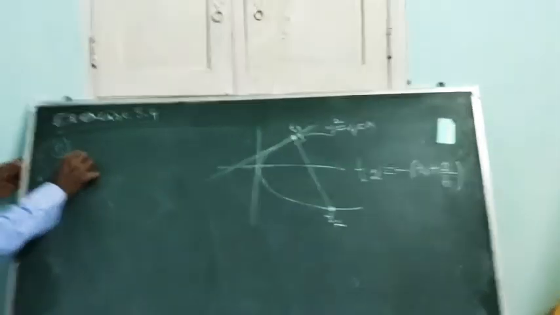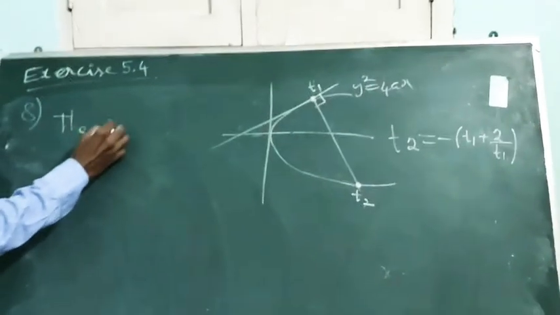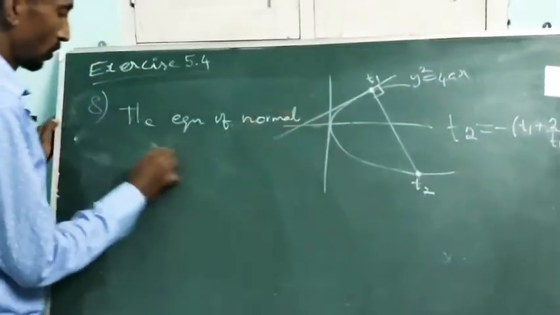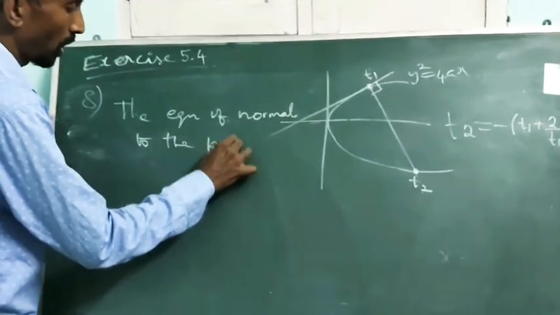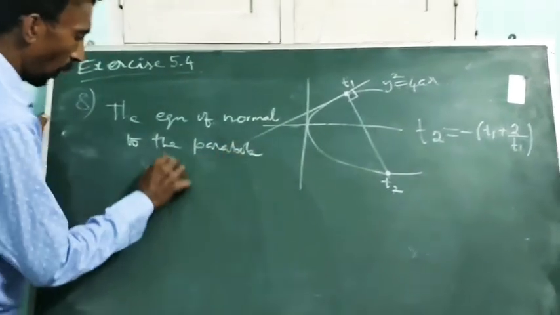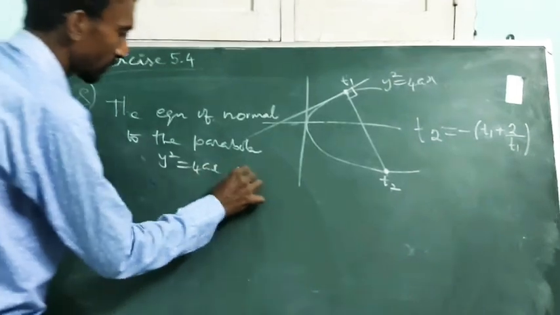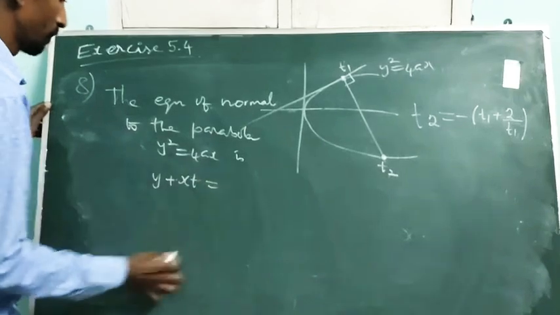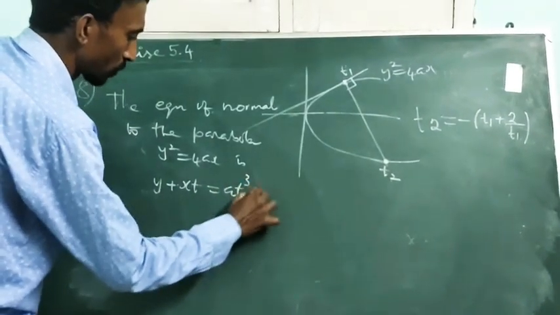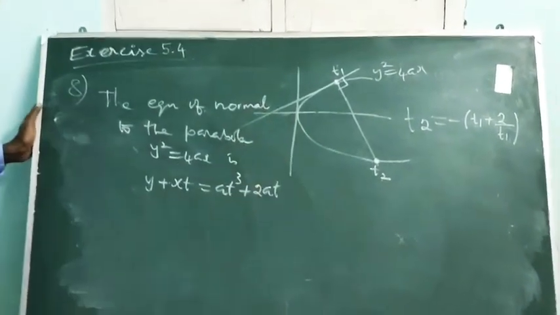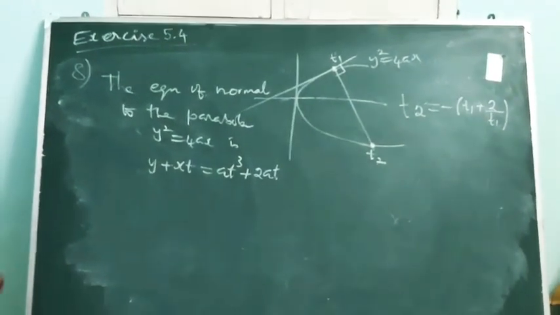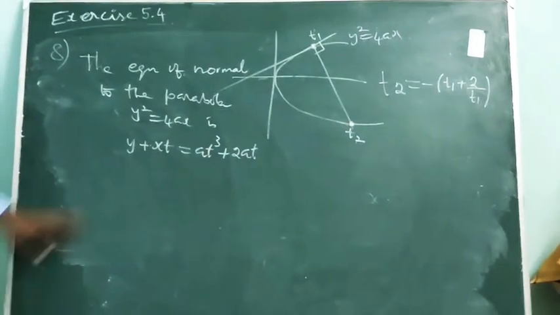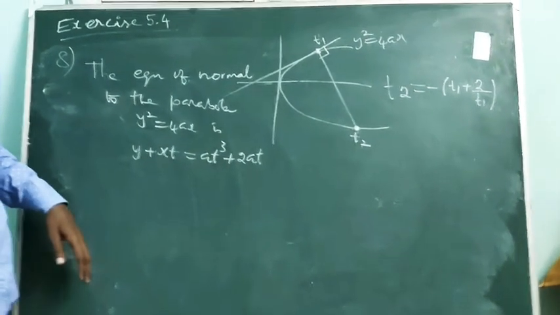So now the equation of the normal to the parabola y square equal to 4ax is y plus xt equal to at cube plus 2at. So remember this one, or as in the previous question, use the replacement method and the parametric form to derive this equation.